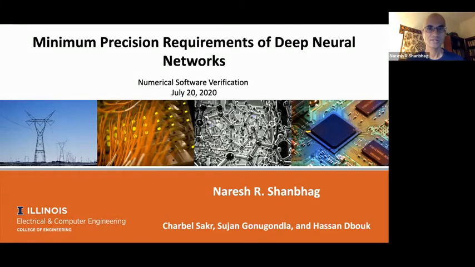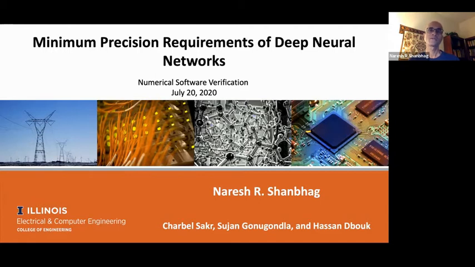So as Sridhar mentioned, my background is primarily in the design of signal processing, communications, and more recently, machine learning systems in hardware. And by hardware, I mean integrated circuits, embedded platforms, and so on.